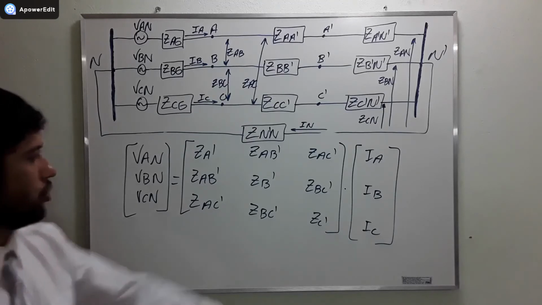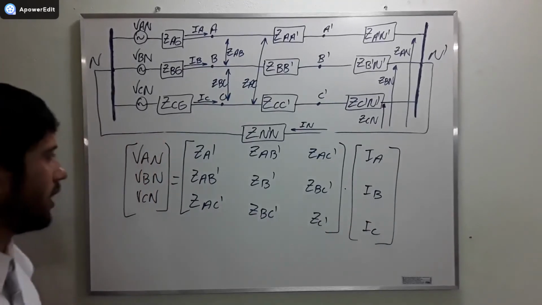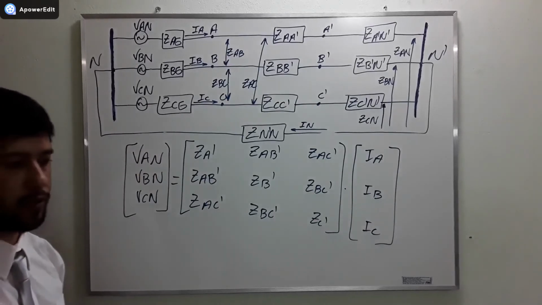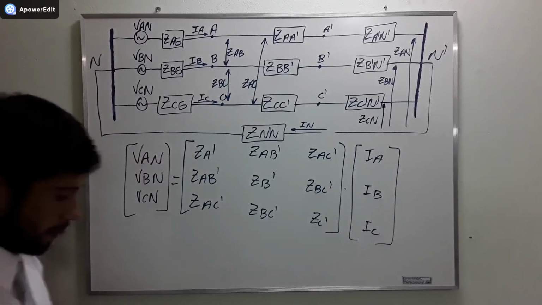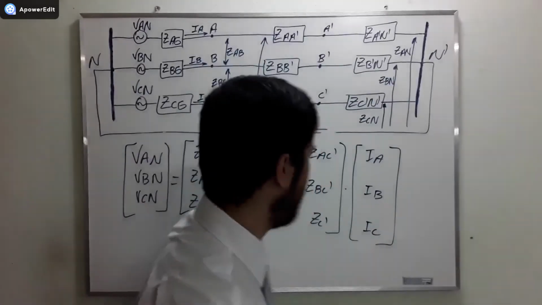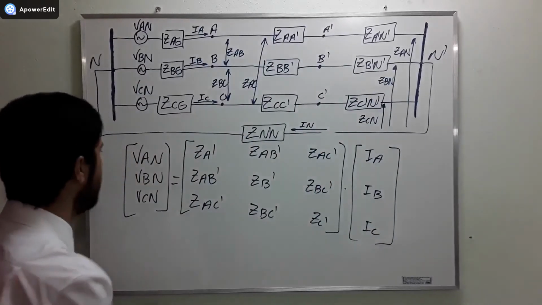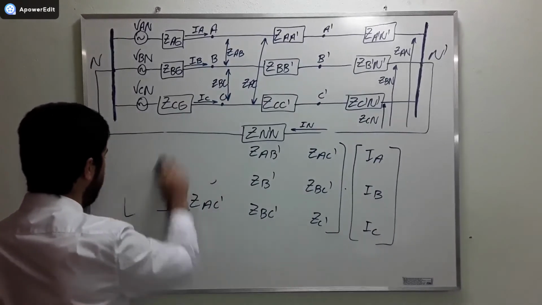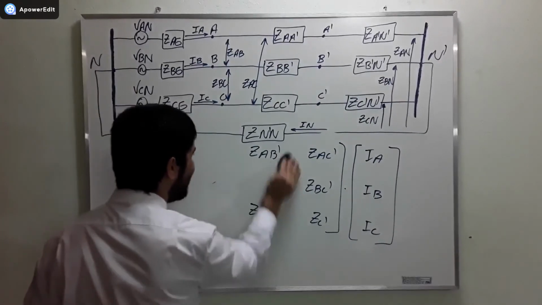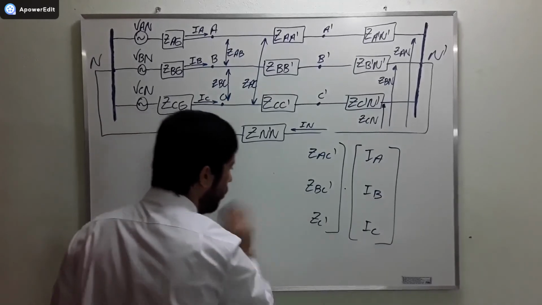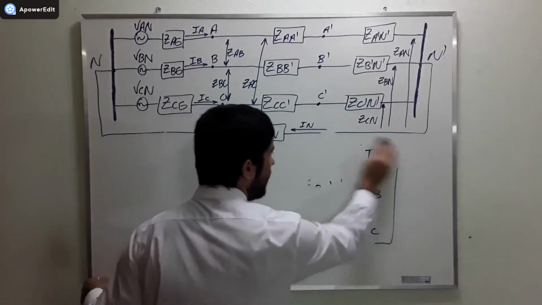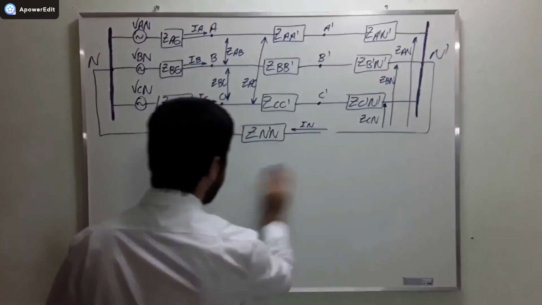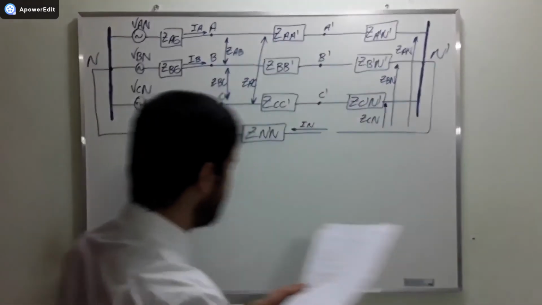Now, to find the currents that we want to find, we simply invert this matrix here. Okay? So let's do it. We have to invert this matrix here. And when we invert the matrix, we find exactly what we wish to find. So, how do we do it? It is simple.